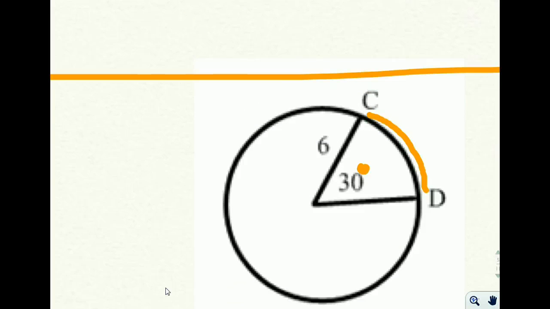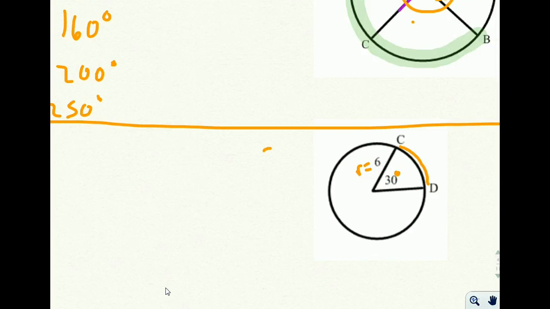It's poorly written. We have a radius of 6, so our radius is equal to 6. If our radius is 6, our diameter is 12, and our circumference, which is pi times diameter, is going to be 12 pi. So that is our circumference.